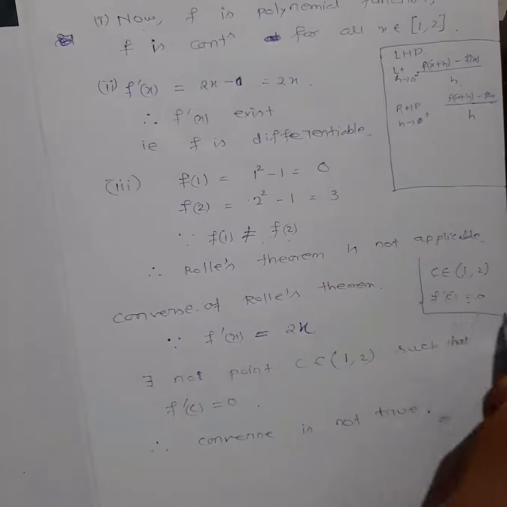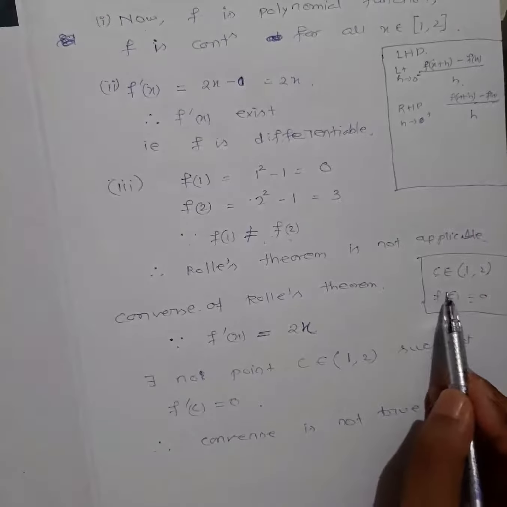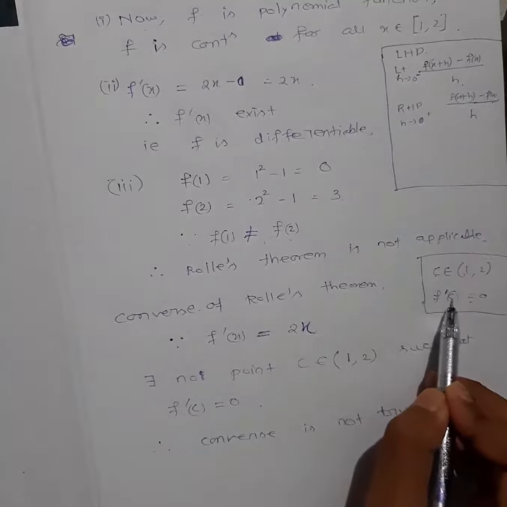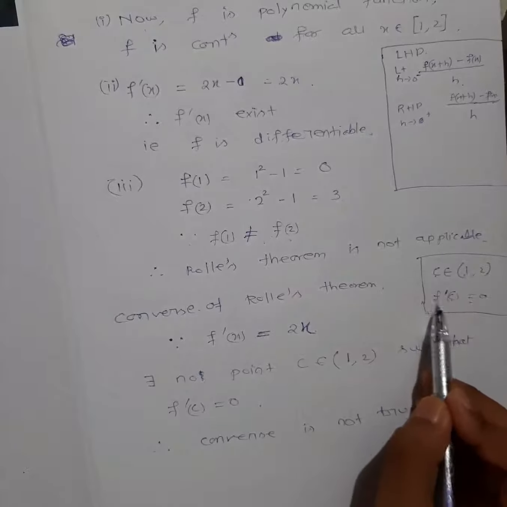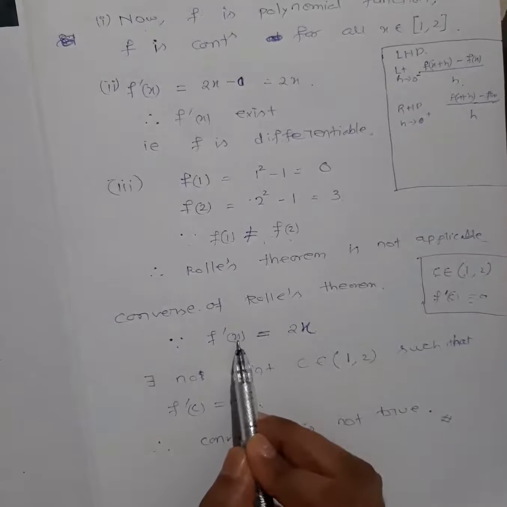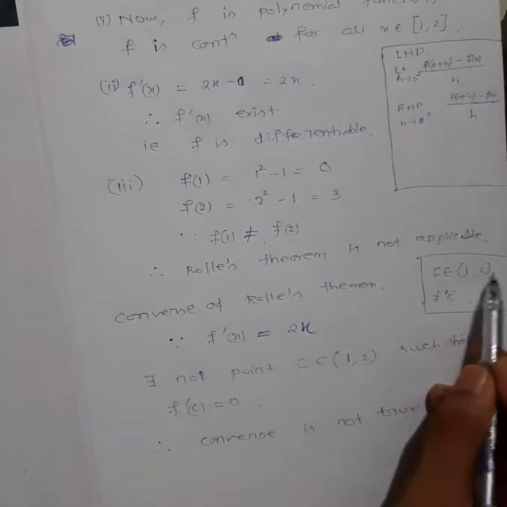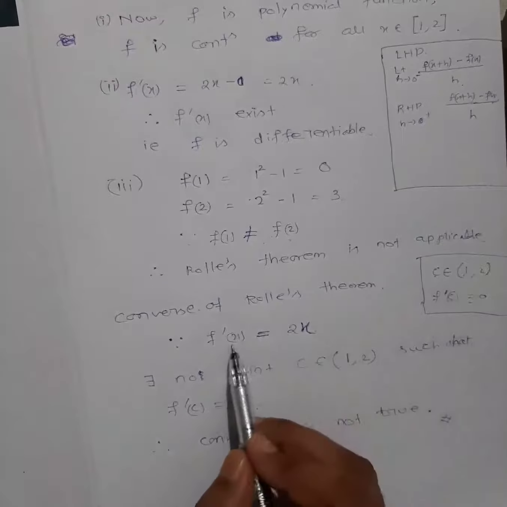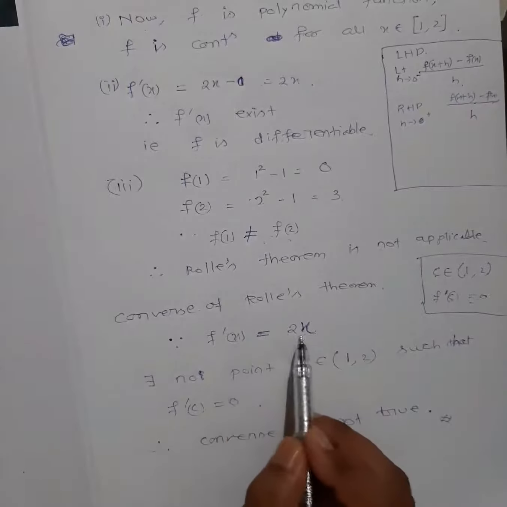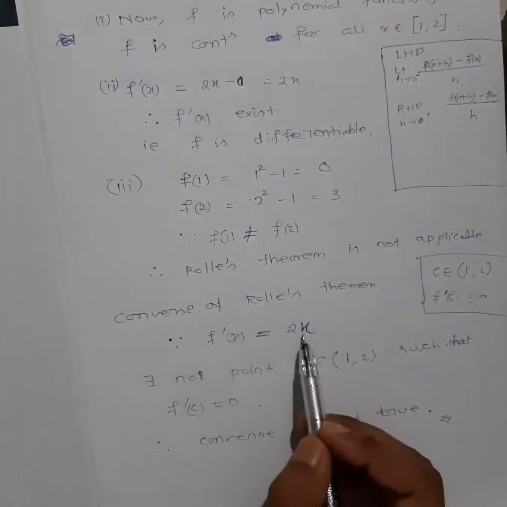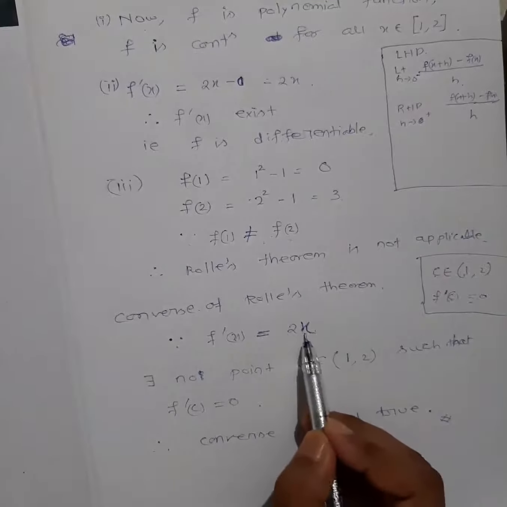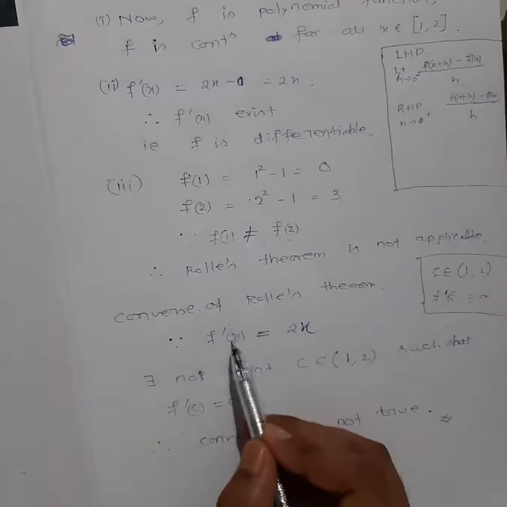So in this case, to find f dash C, whatever point it is, where differentiation is 0 or not, first we have to differentiate, right? The differentiation is 2x. Now we have to find one point C between 1 and 2 such that this must be 0. Can you tell any x which you will put here such that it becomes 0? Obviously 0 is the only point here, right? Between 1 and 2, can you say any point which will make this 0?